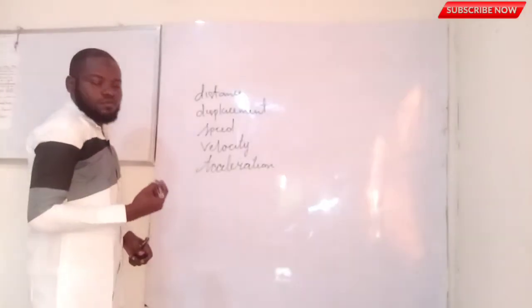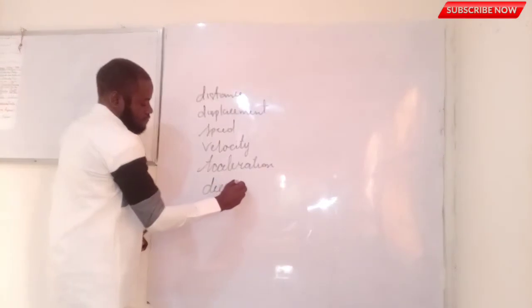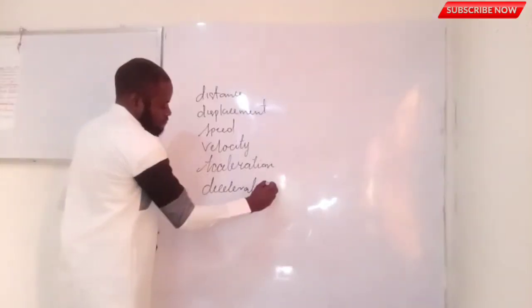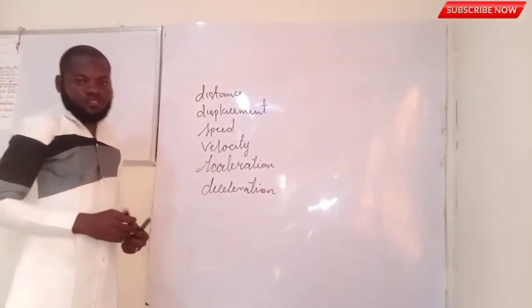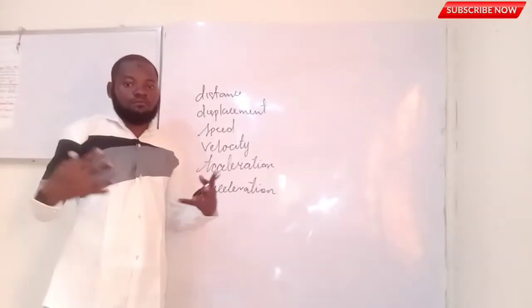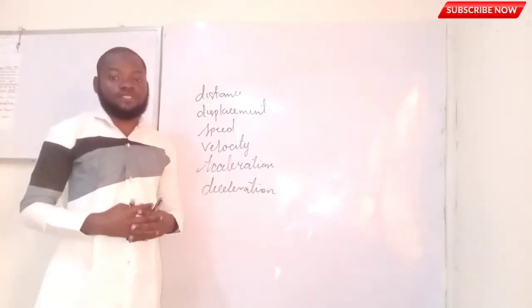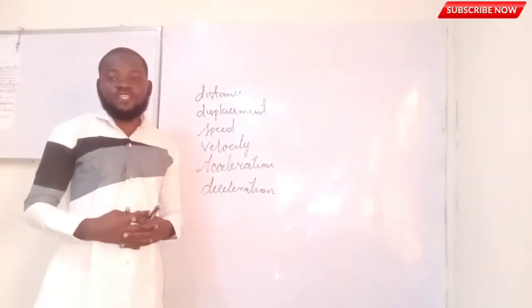Also, we need to understand what we call deceleration. So that we get this now. All these are the concepts that we have to consider before we start looking at the concept of velocity time graph itself. So are you guys with me now?